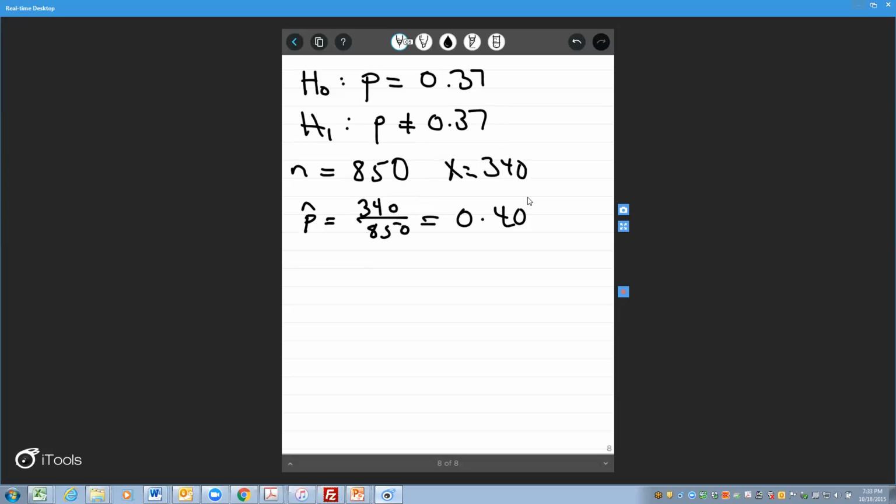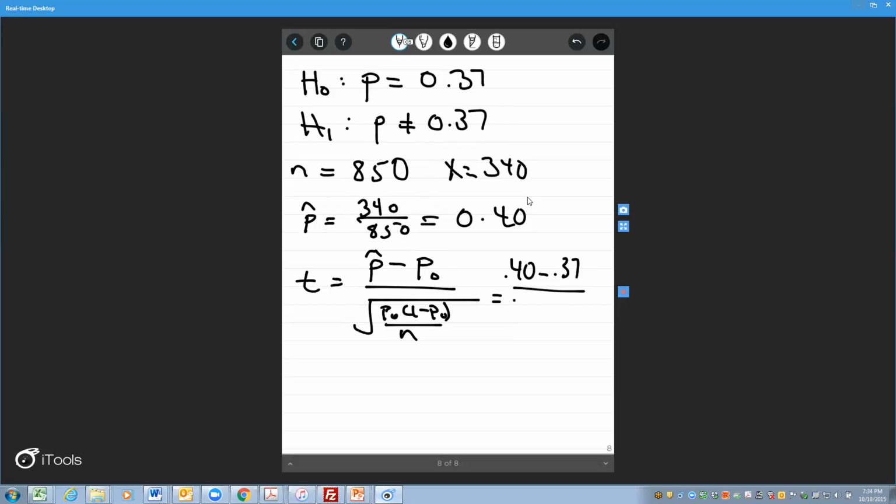Our test statistic is going to be p hat minus the hypothesized proportion over the square root of the hypothesized proportion times one minus the hypothesized proportion over n. So in this case, it's 0.4 minus 0.37 over the square root of 0.37 times 0.63 over 850.